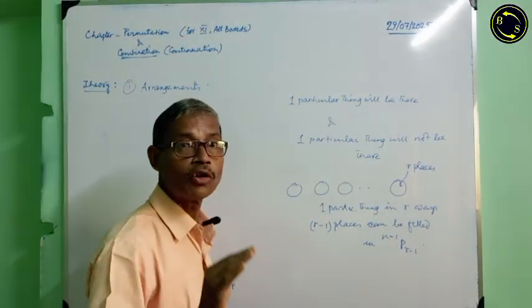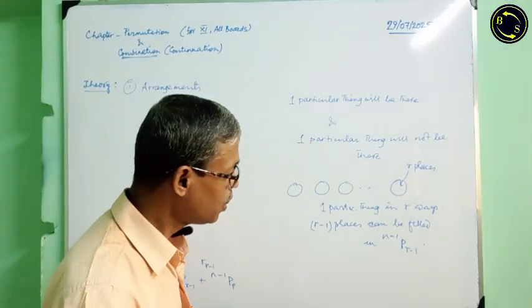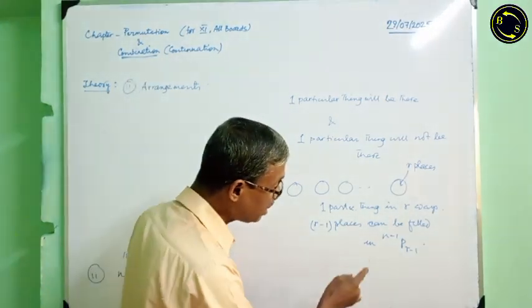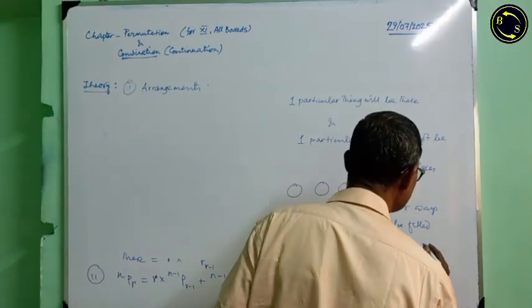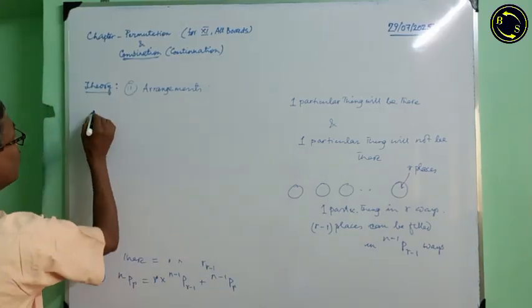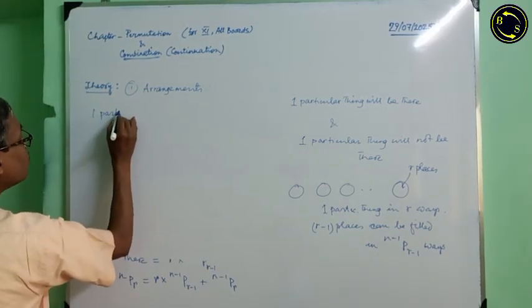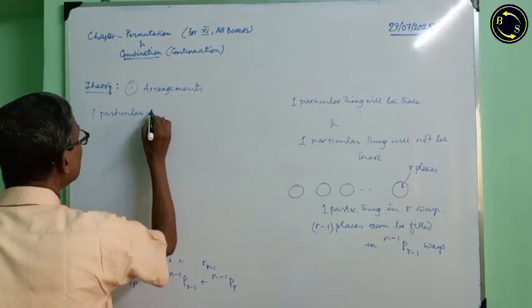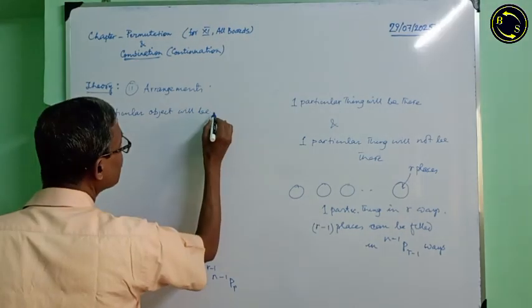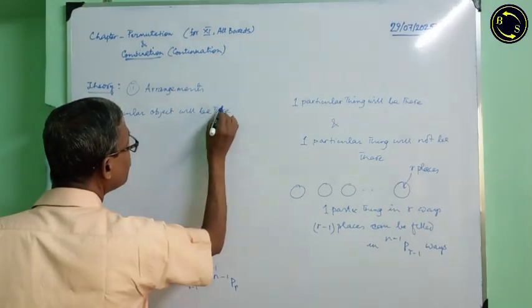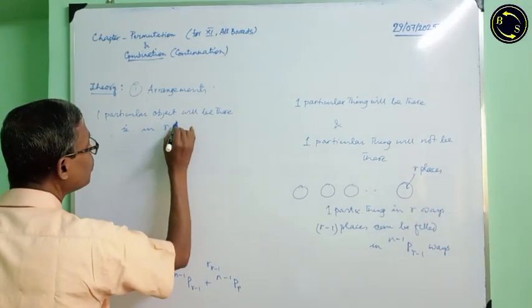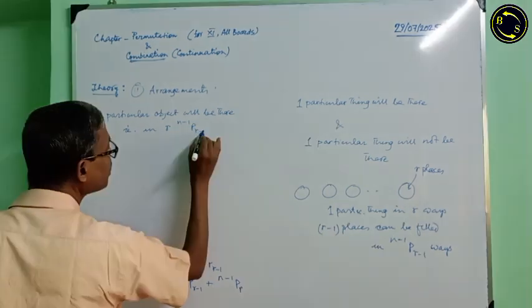Therefore, out of those n minus 1 things, we have to take more r minus 1 things, and that can be made in n minus 1 P r minus 1 ways. So one particular object will be there in r into n minus 1 P r minus 1 ways.